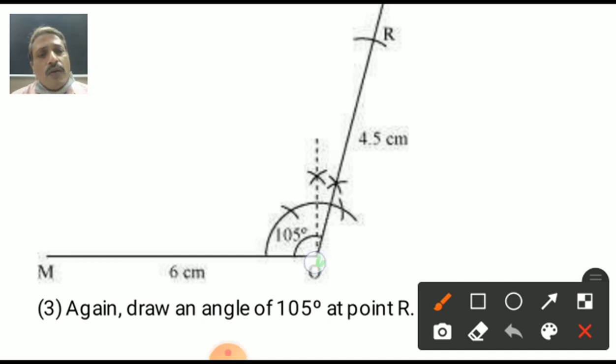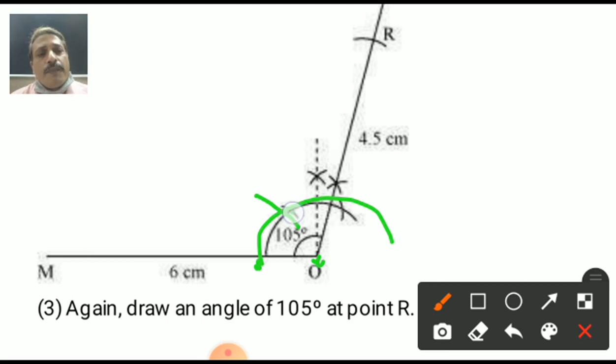Keep the center O, take any radius and draw an arc, or you can draw a half circle. Can you draw it? Yes. With the same radius, keep the point on this line MO and draw an arc on the given drawn arc, which gives you exactly 60 degrees, students. Very good.